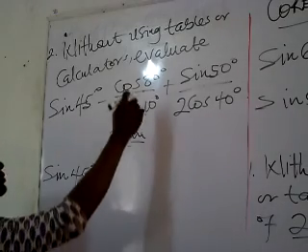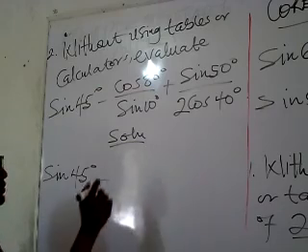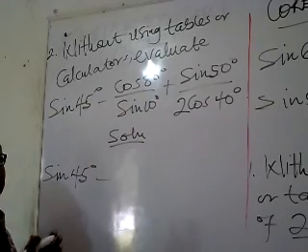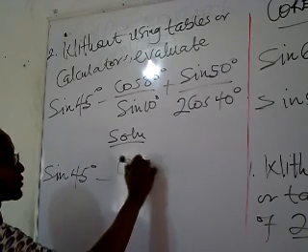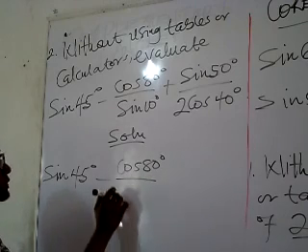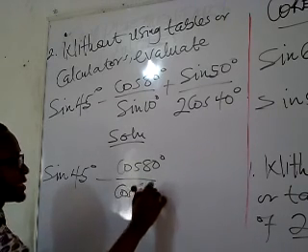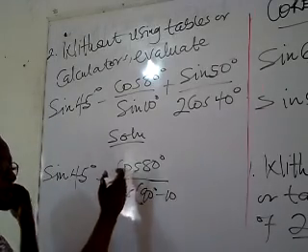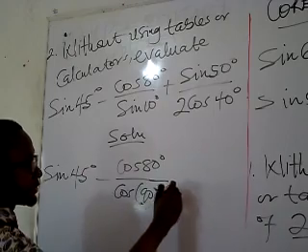So I will change the sine to cos. So I'll maintain the numerator cos 80 degrees over cos brackets 90 minus 10 degrees.